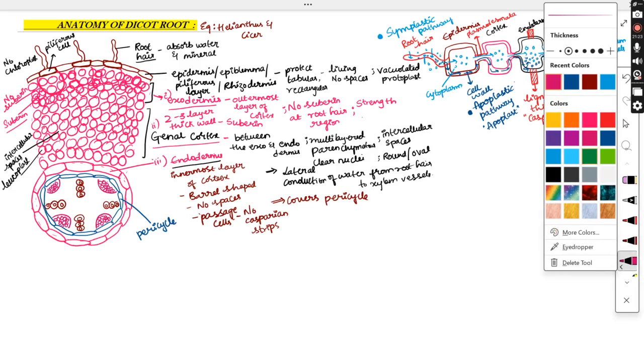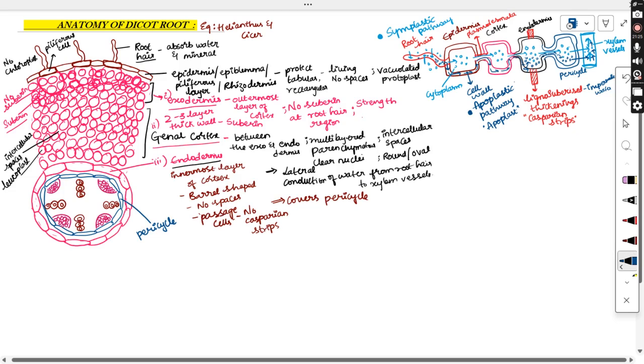Now let us go with this pericycle. The pericycle is the outer layer of the stele. We consider this the outermost layer of the stele, which is present below the endodermis. We call it the pericycle. What is meant by stele?